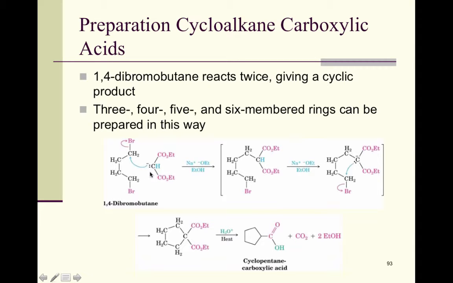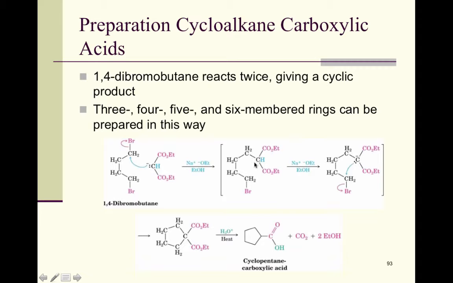This is going to be our malonic ester coming in its ion form. Our carbanion is going to act as the nucleophile. It's going to attach to this carbon here, and the pair of electrons are going to go to the bromo, so it's going to get out of there. This would be under the conditions also of having our sodium plus and our OEt minus in ethanol.